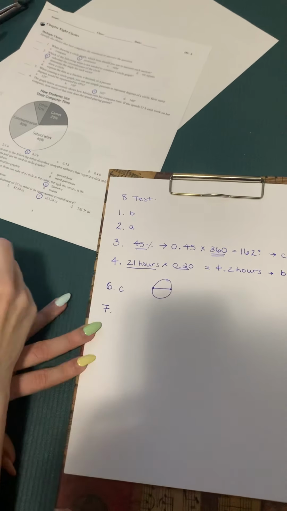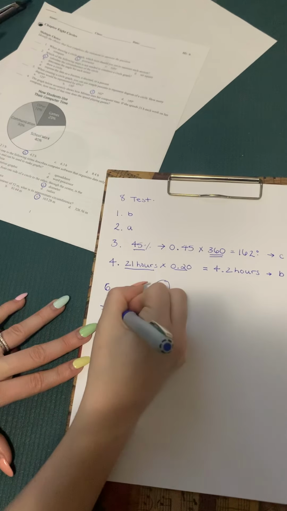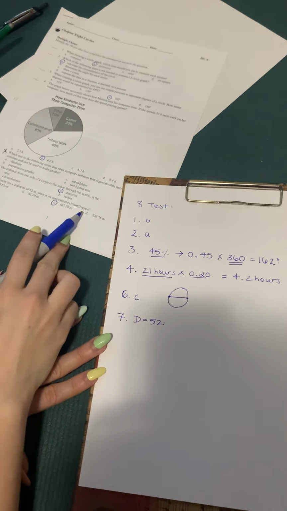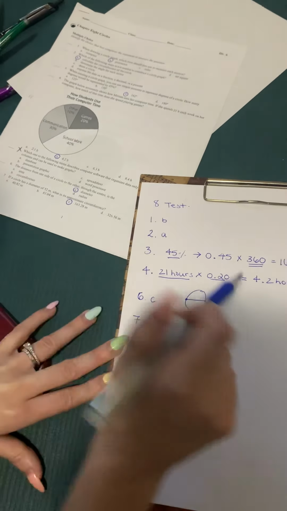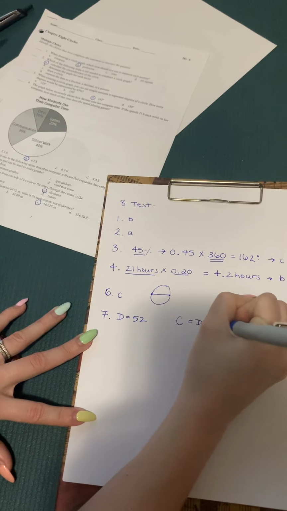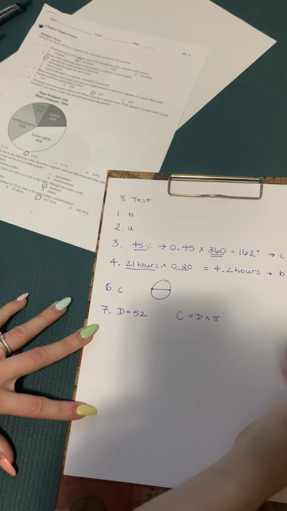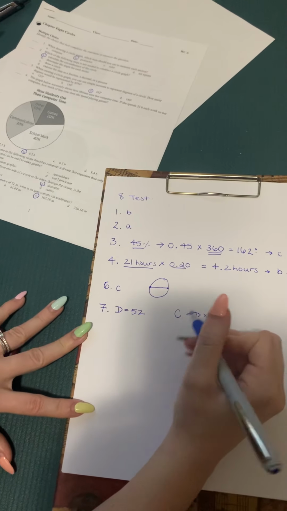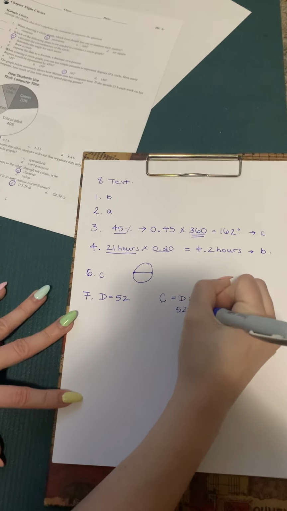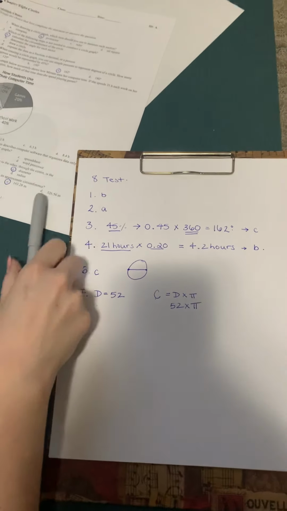Number 7. If a circle has a diameter of 52, I'm just going to write that down. What is the approximate circumference? So for this unit, you should remember that circumference is diameter times pi. We spent a lot of time working with that equation. So I know circumference in this question is going to be 52 times pi.